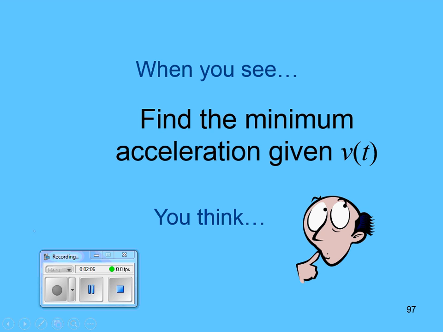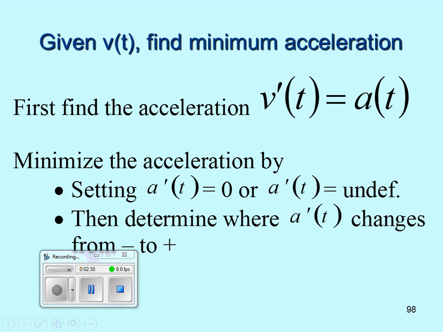If you want to find the minimum of anything, what do you do? So what equal to 0? The derivative of it equal to 0. So you'd have to find the derivative of it, and if it's a closed interval, check the endpoints. Then, the derivative of acceleration is called the jerk.